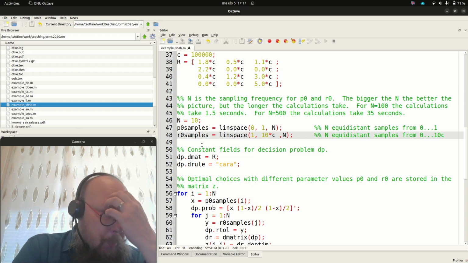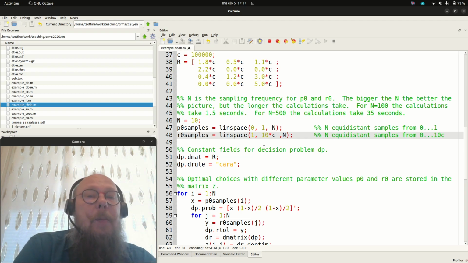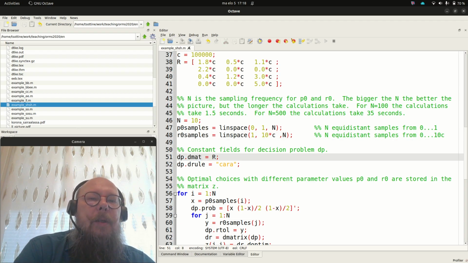All right, then we consider the decision problem, and first we look at some constant fields. By constant fields I mean the fields that don't depend on P0 or R0, so we can set them here before going to the for loops. dp.dmat, so dp is the decision problem, field dmat, decision matrix, this will be the R, capital R, that's here.